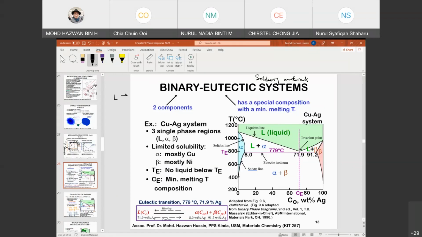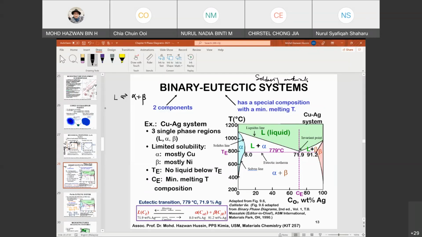So this is actually a very straightforward definition of binary eutectic system. One liquid, when you solidify, will become two solid phases. Liquid equals alpha plus beta. This is a very classical equation for eutectic reaction.